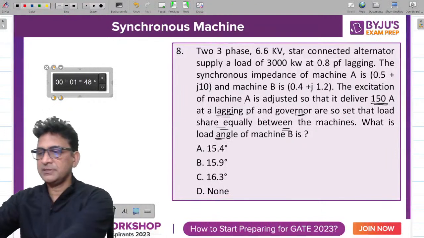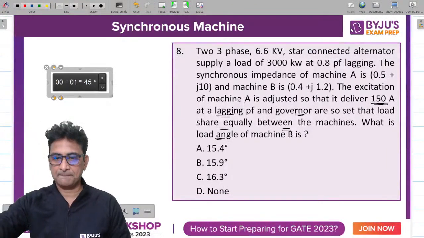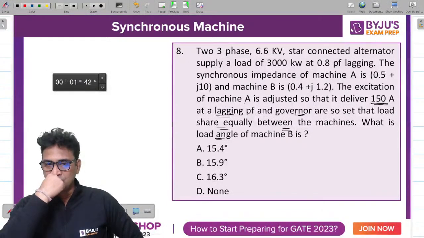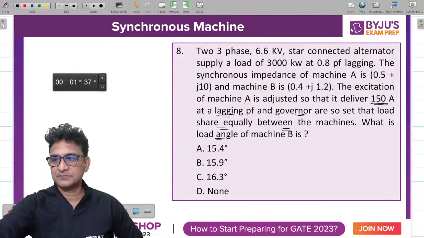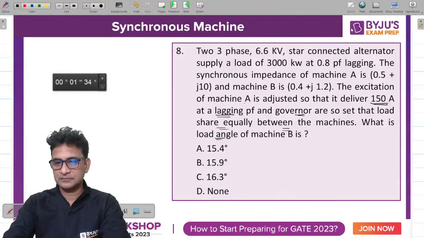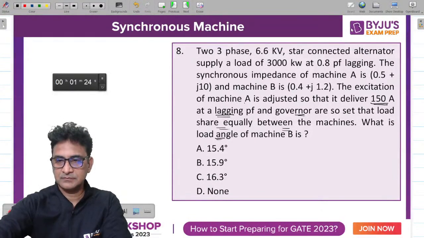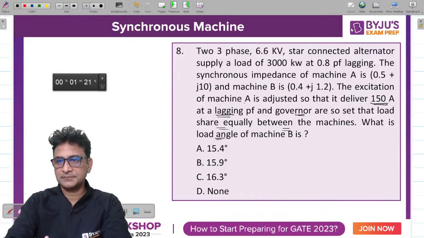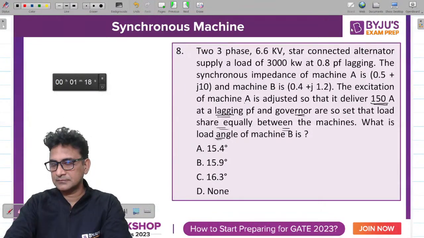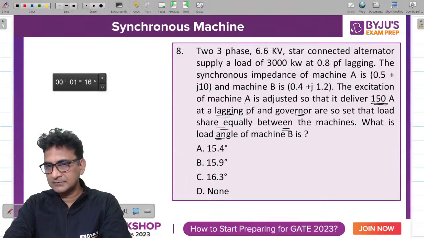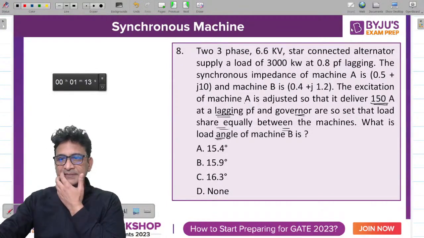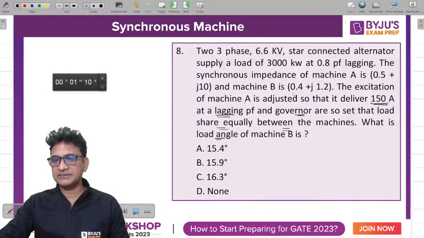This question is based on the parallel operation of alternator. ZA is 0.5 plus j10, ZB is given.